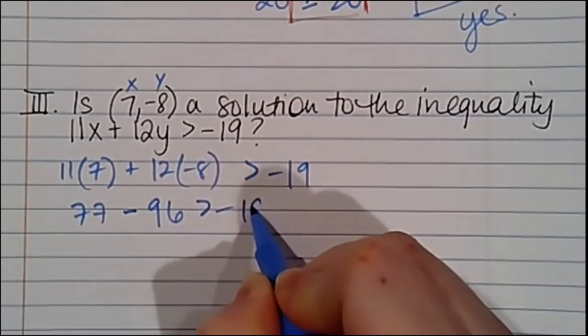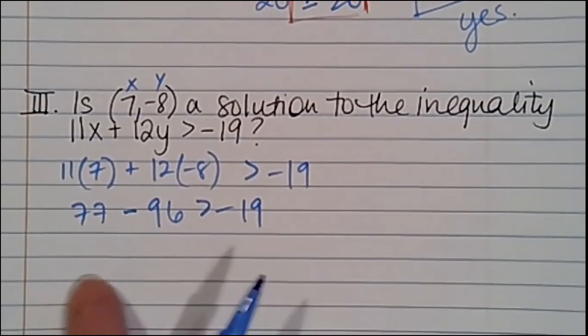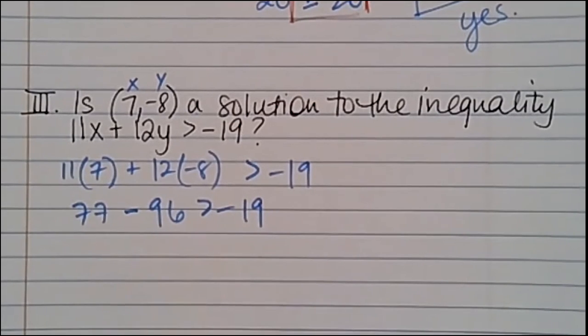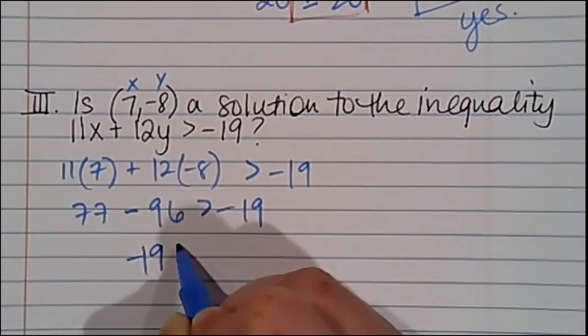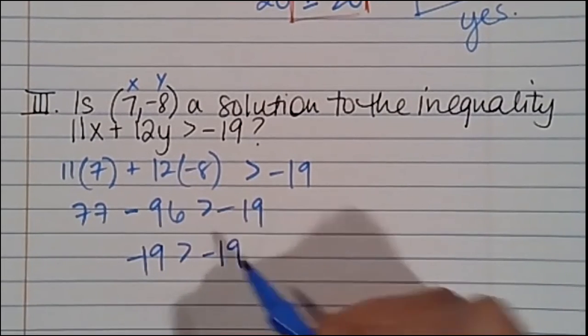Now you are subtracting. 77 minus 96 is going to give you a negative number, right? So you get negative 19 is greater than negative 19.